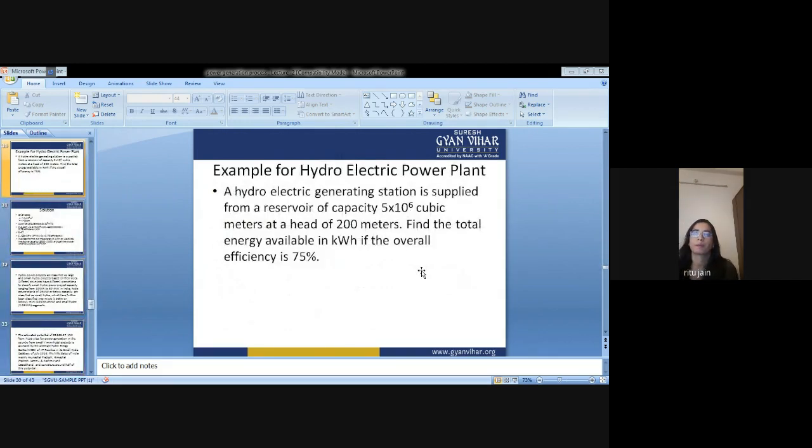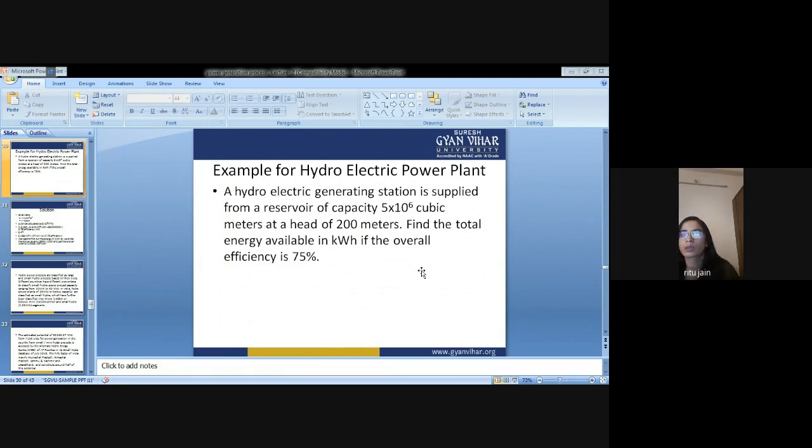Next example. A hydroelectric generating station is supplied from a reservoir of capacity 5 into 10 to the power 6 cubic meters at a head of 200 meters.